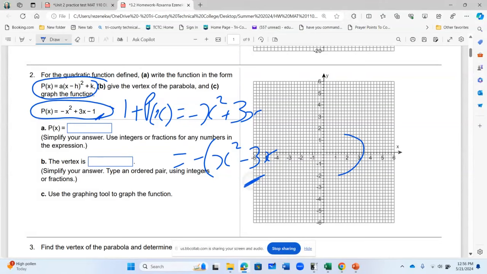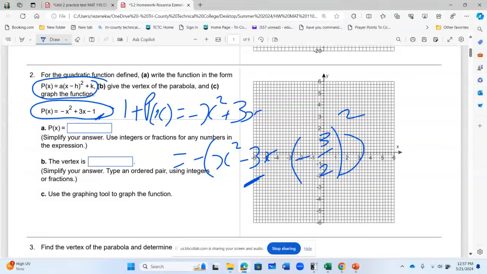If I divide it by 2, I don't want to write 1.5. No. So I'm going to write negative 3 over 2 squared. Okay. And whatever I do to the right-hand side, I will do to the left-hand side.